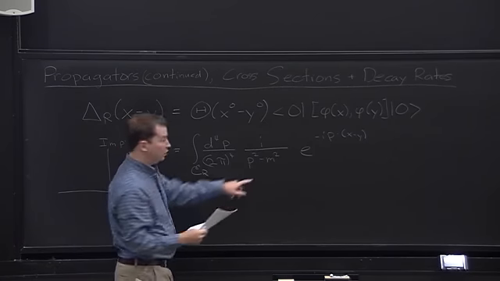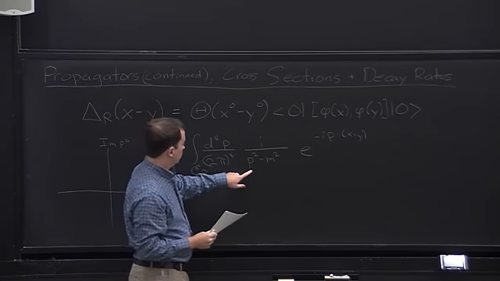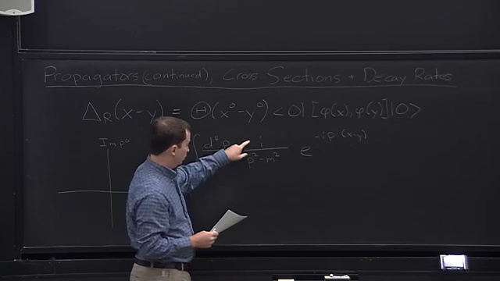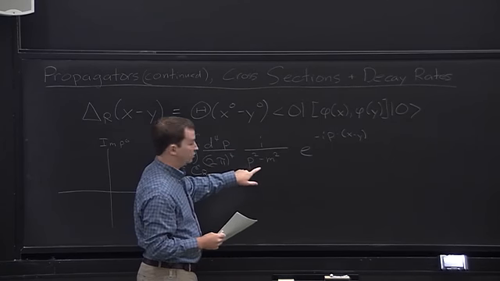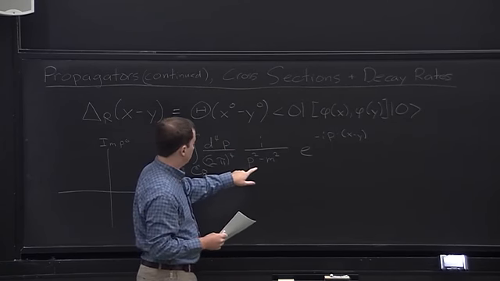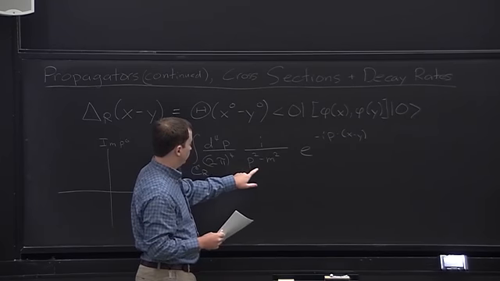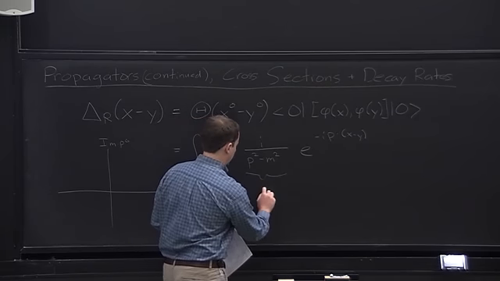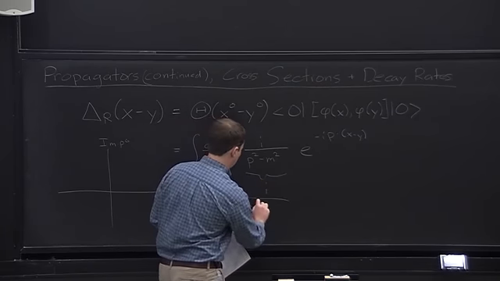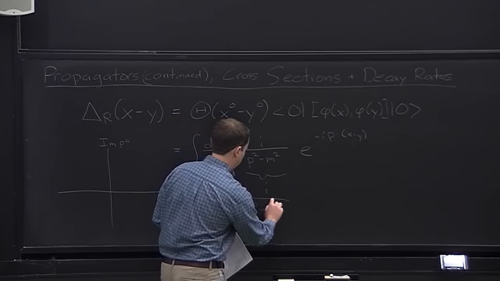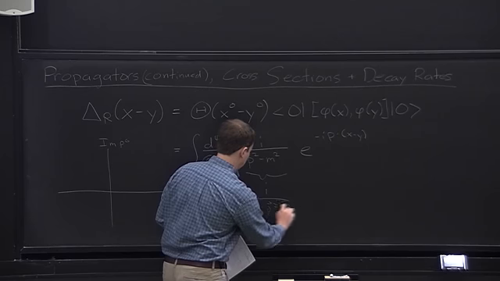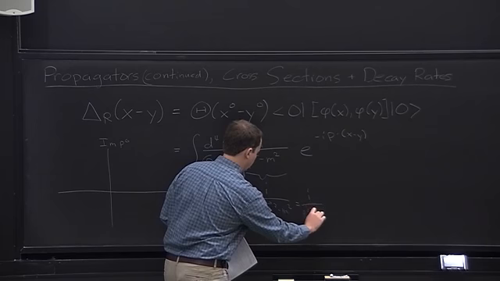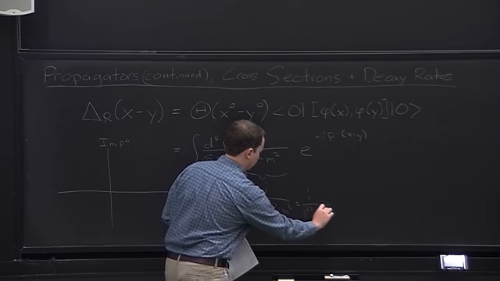So we can rewrite i over P squared minus M squared as i over P0 squared minus the three-vector P squared minus M squared, which is i over P0 squared minus E_P squared.